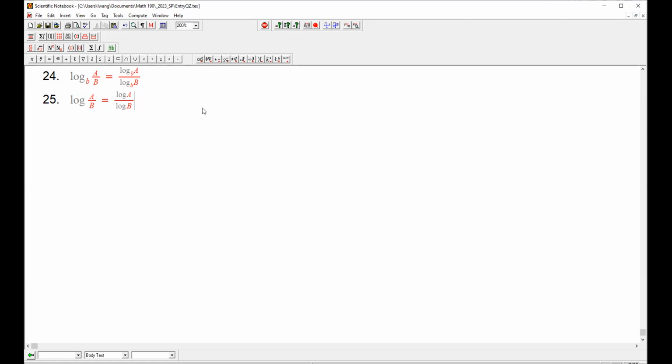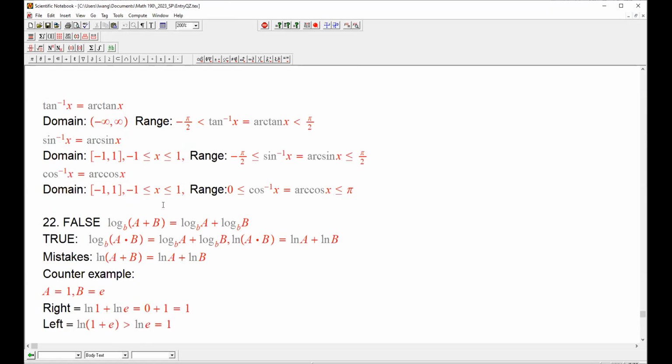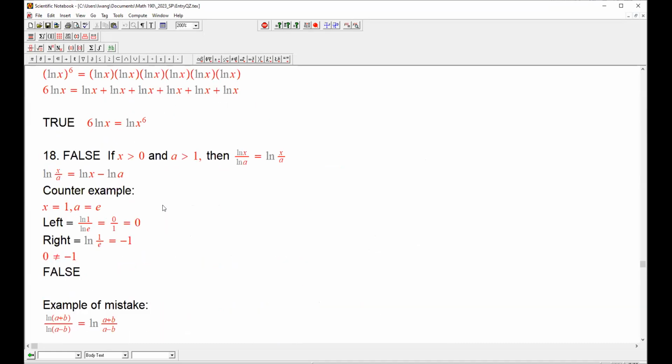Of course, the mistake can show up in different shapes and forms. To dispute number 24 is false is pretty easy, we already did it. For base e, we know this is false.